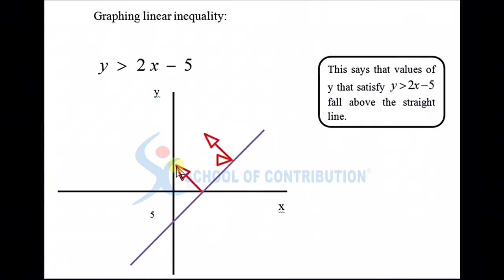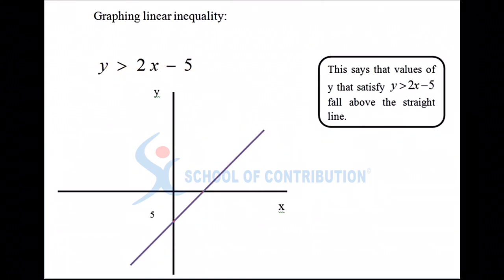That means y is greater than this straight line. Okay, the value of y should be above this straight line, because the values of y that satisfy y greater than 2x minus 5 fall above the straight line. So this is the graphing of the straight line in the linear inequality, that is y greater than 2x minus 5.